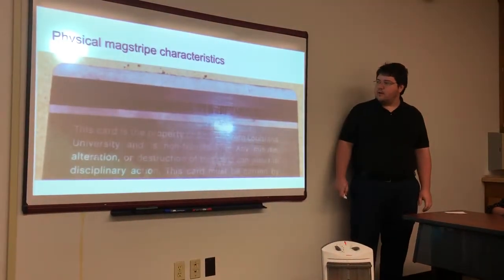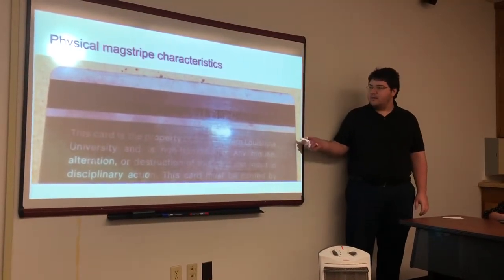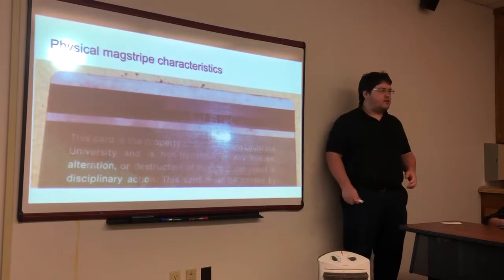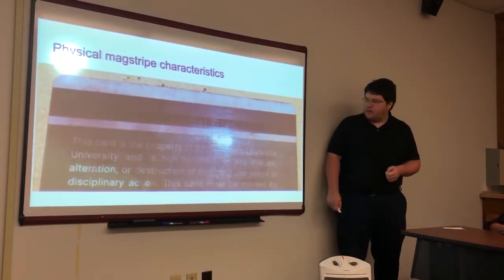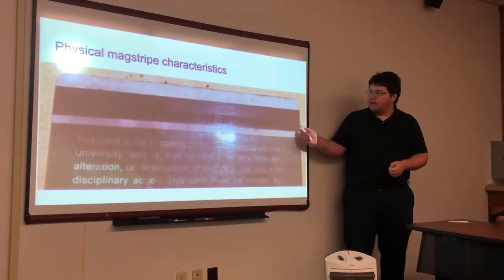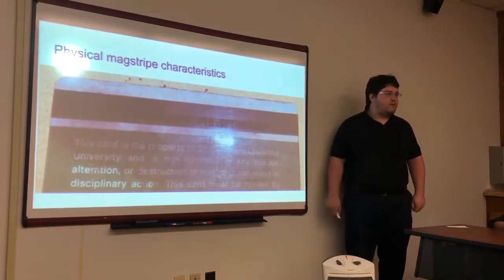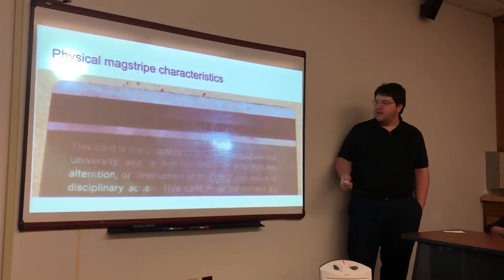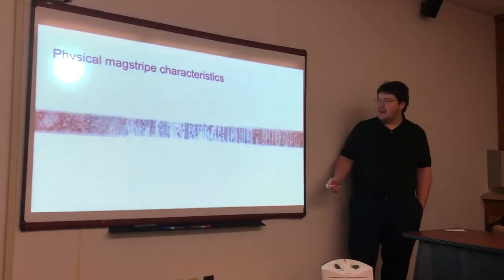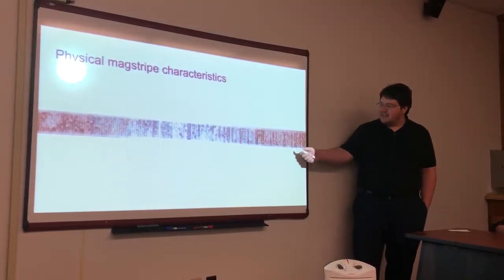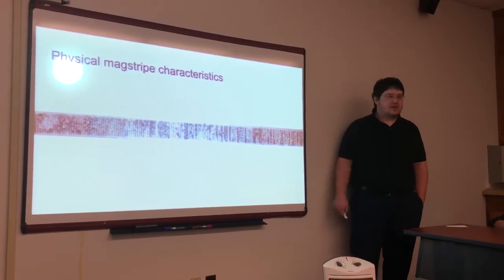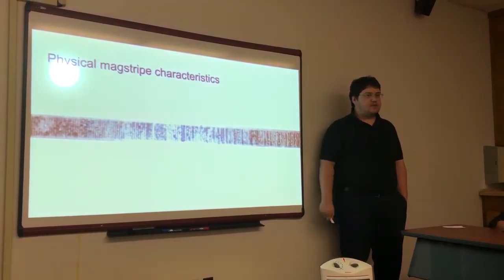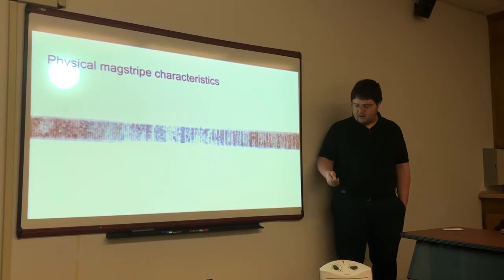If you dip the card in iron oxide powder, that's like iron powder, it will adhere to the magnetic part of the mag stripe, and so it looks more like a barcode now. If we zoom in and enhance, this looks very much like a barcode, and it's the ones and zeros that make up the data on the card.